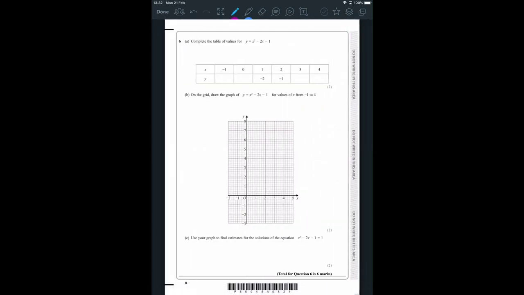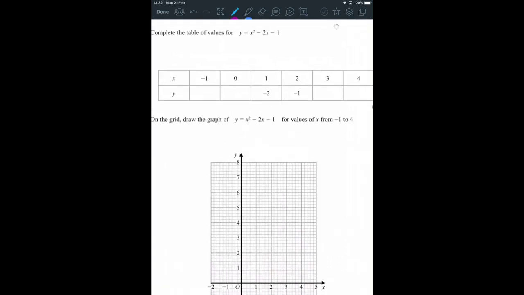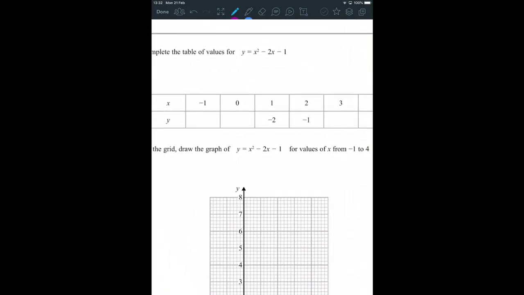We are now going to plot a graph, plot a quadratic. First, our table of values. We're just going to sub those coordinates into the formula. Be very careful when we sub in -1. We should be subbing it in brackets to ensure the calculator does exactly what we want the calculator to do.